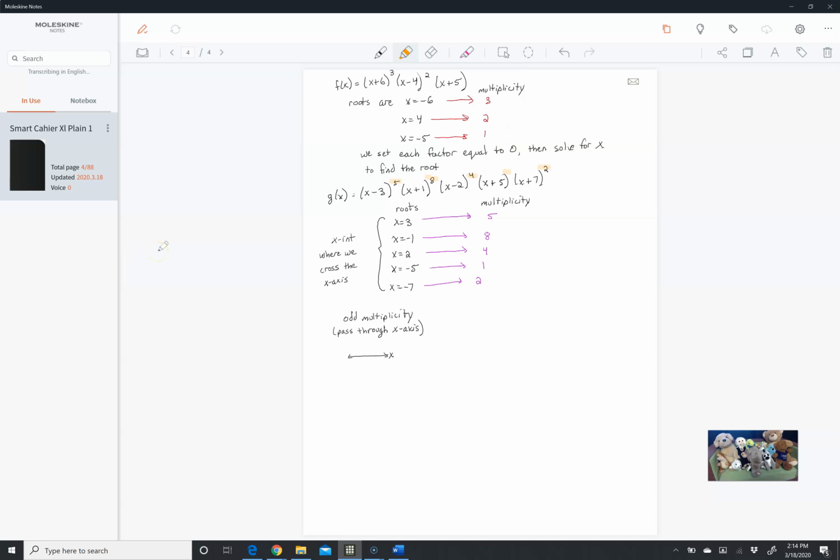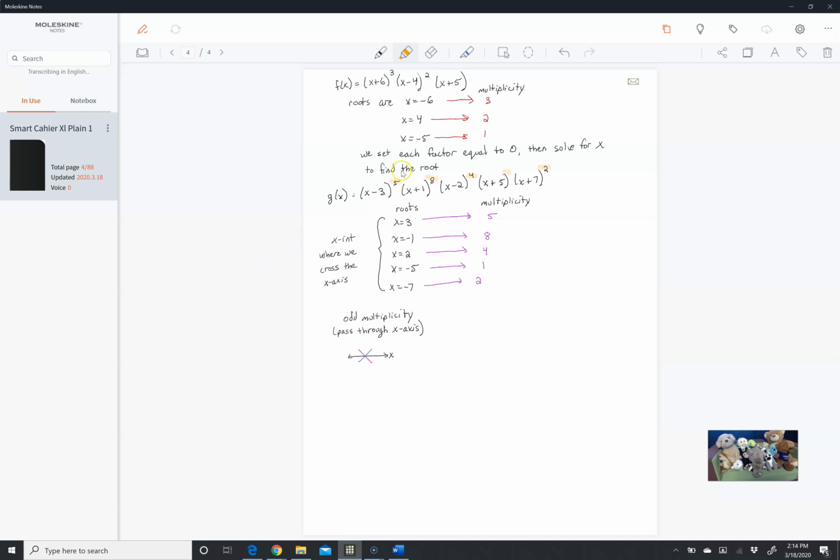So in other words, you're either passing like this, where you are above and then you're going below, or you can pass through like this. So you're below and then you're going above. So it's two different ways to pass through the x-axis.